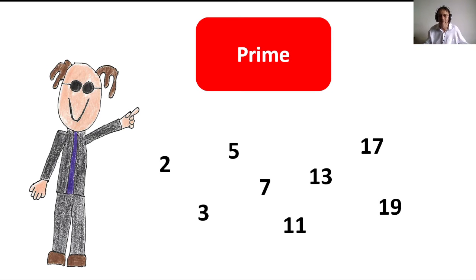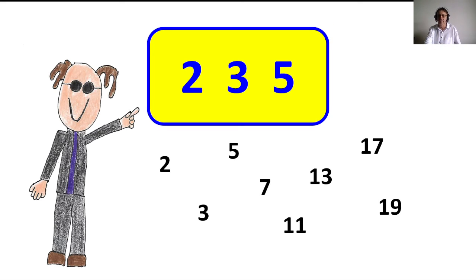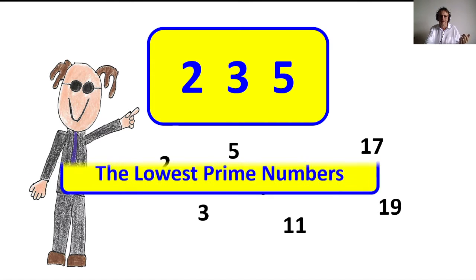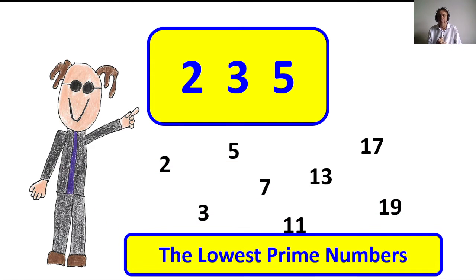But there are an infinite number of prime numbers. But really, we are concerned about the lower numbers, and in particular, we are concerned about 2, 3, and 5. Why? Because they are the lowest prime numbers.